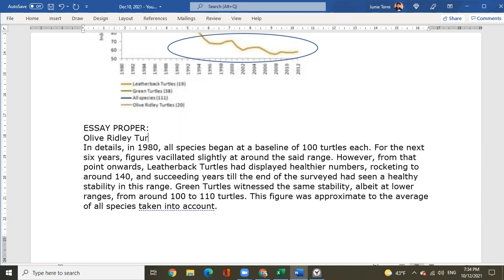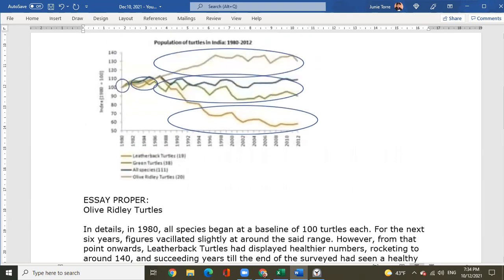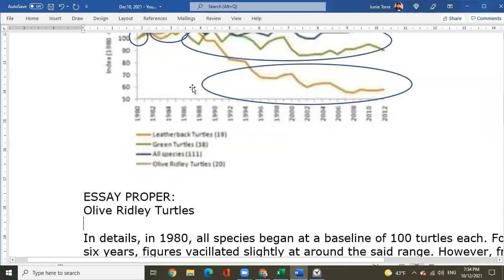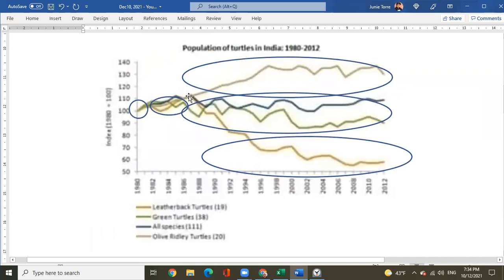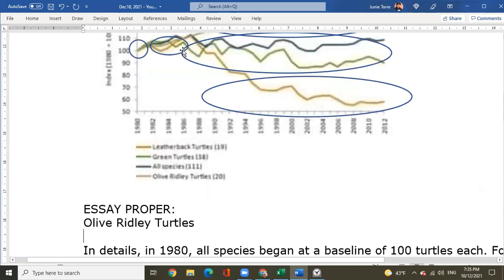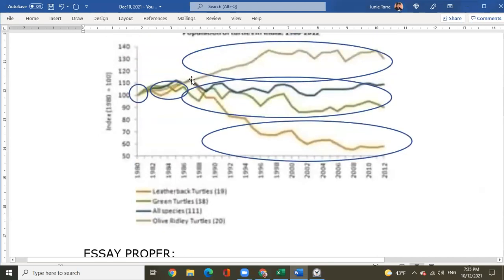So what happened to these turtles? Okay. I will mention that it saw a promising incline. However, it was soon followed by a massive drop.